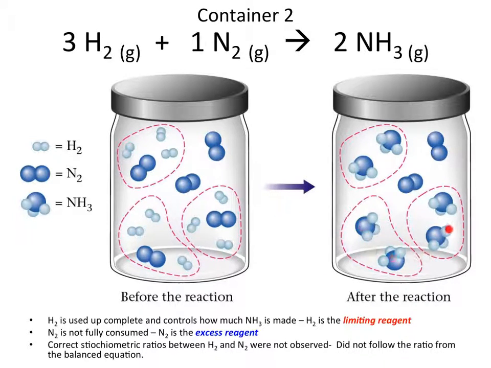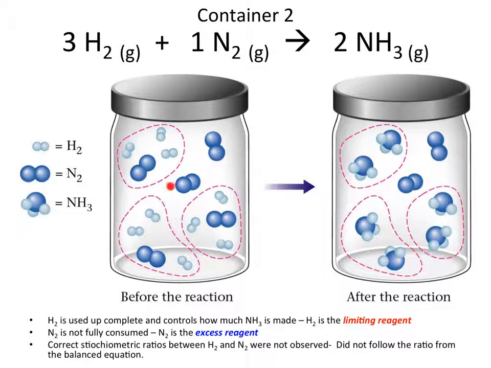There was no hydrogen left over, and the amount of hydrogen dictated how many molecules of ammonia we had. If we had more molecules of hydrogen, we could possibly use these other two molecules of nitrogen to create ammonia. But because we didn't have any more hydrogen, the hydrogen is limiting how many products can be made. It's being completely used up, and it's controlling how much ammonia is being made. Therefore, we call it our limiting reagent.